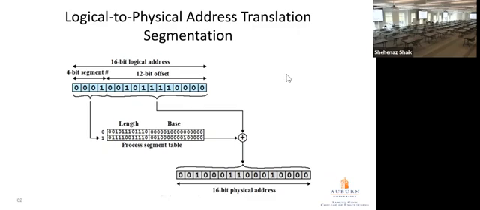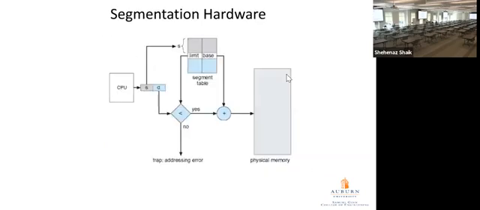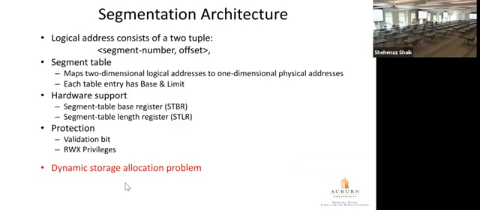So as I mentioned earlier, with this segmentation approach, we have one limitation. We still need to identify an appropriate hole where the corresponding individual segments can be loaded, and to that extent it is similar to the dynamic storage allocation approach.